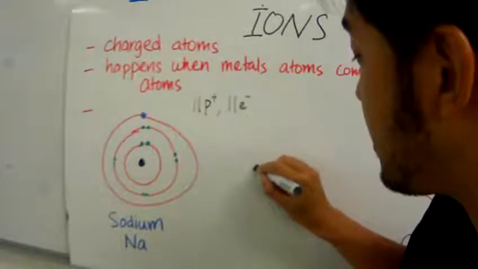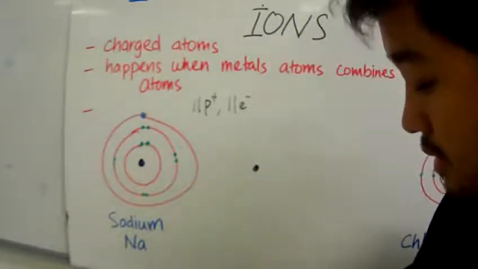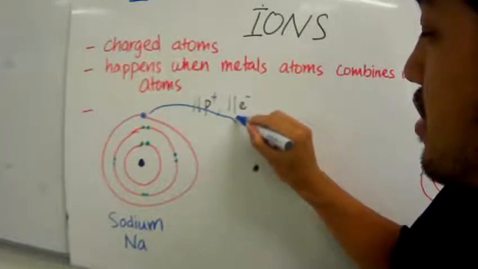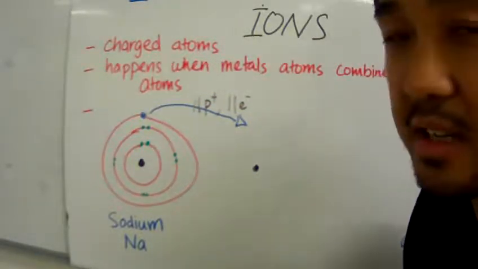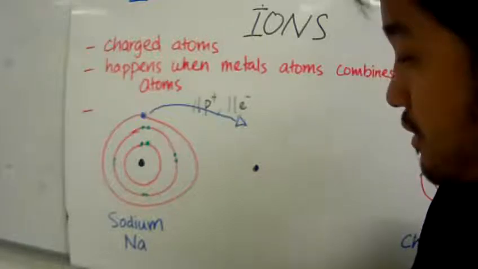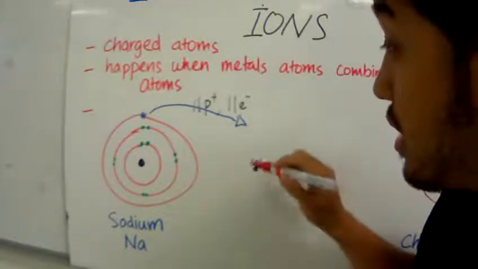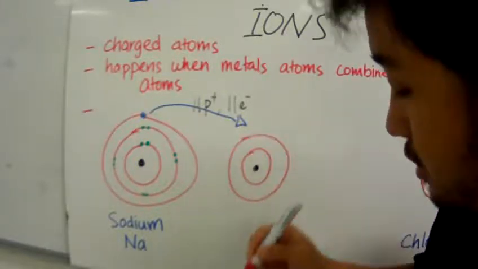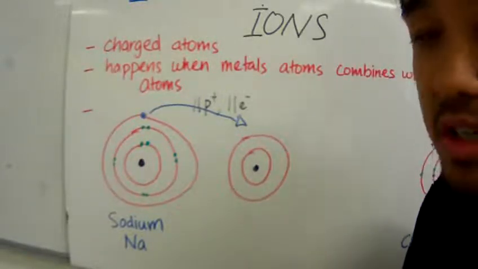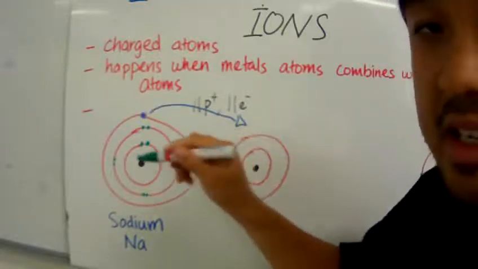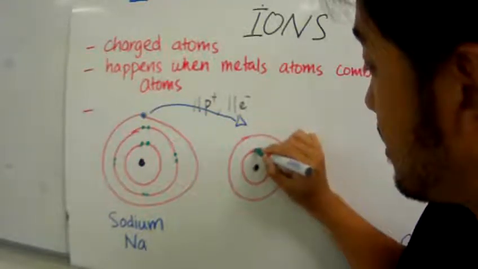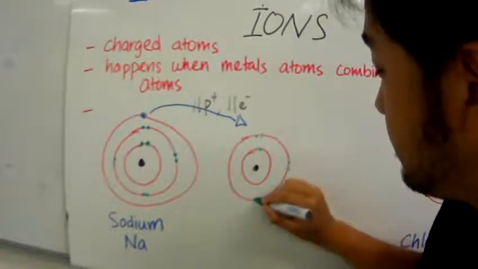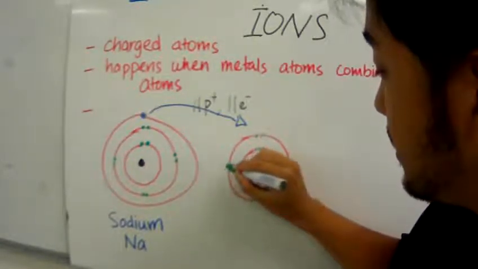So let me draw the nucleus again. And sodium is going to give away that electron. So what we're left with is only 10 electrons. Okay? And I'm going to just color the green electrons back onto here. All right.